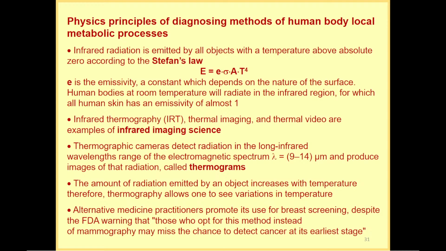Thermographic cameras detect radiation in the long infrared wavelength range of the electromagnetic spectrum, from 9 up to 14 micrometers, and produce images of that radiation called thermograms. The amount of radiation emitted by an object increases with temperature, therefore thermography allows one to see variations in temperature.